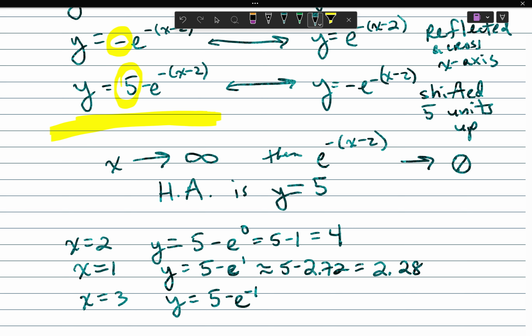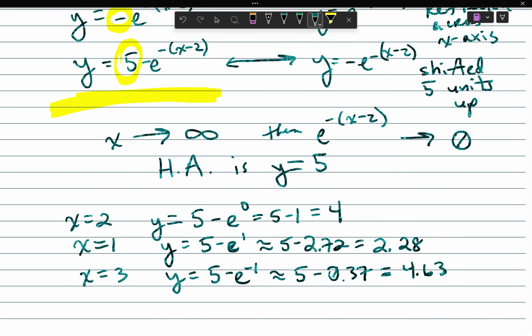That's about 5 minus 0.37, and that value becomes 4.63.